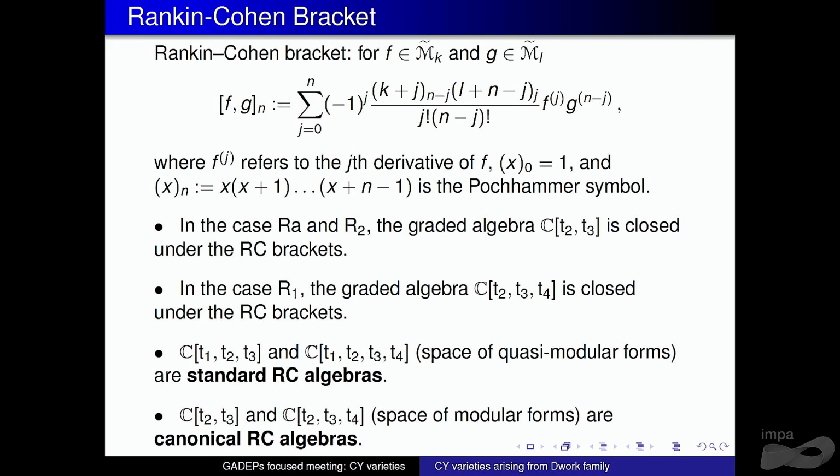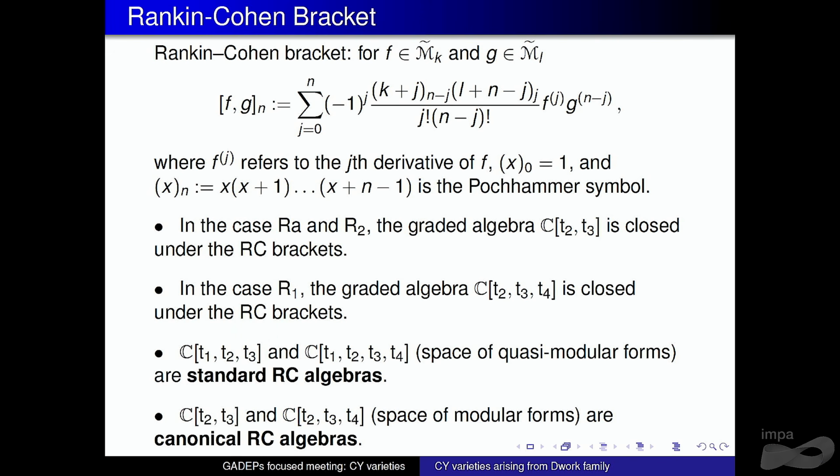And the fact that I just wrote here, I gave just definitions. In the case that we have this derivation on the whole space, we consider this algebra as a standard Rankin-Cohen algebra, and on a subalgebra which is closed under the bracket, for example in the case of the modular space, we call this one a canonical Rankin-Cohen algebra.